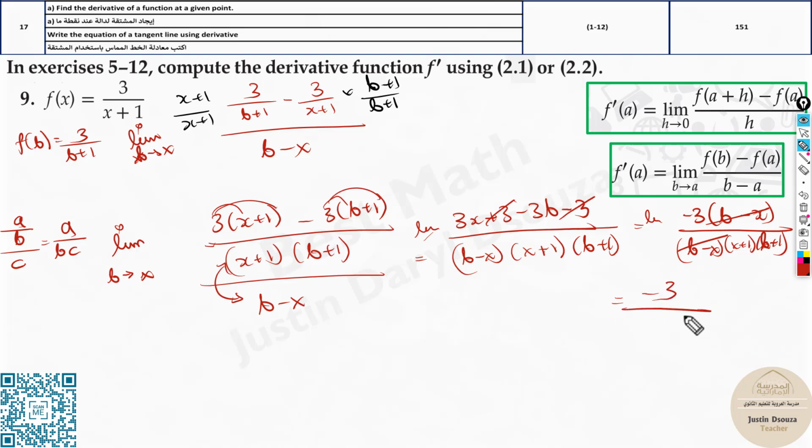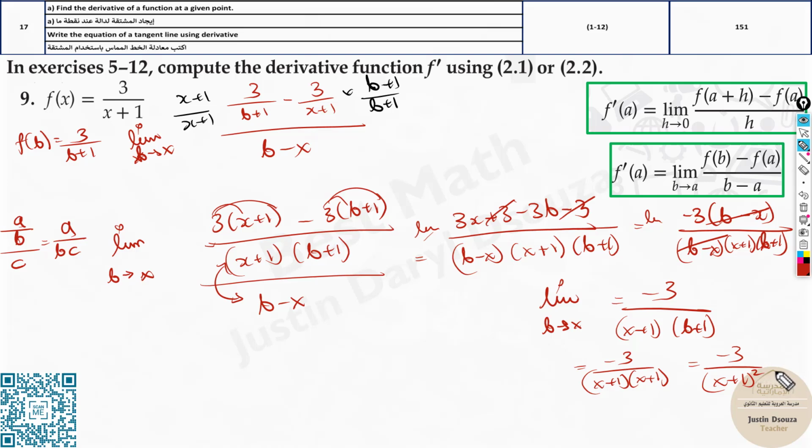You have minus 3 by x plus 1, b plus 1. Now here the limit is what? b tends to x. So let's substitute. It becomes minus 3 divided by x plus 1 as it is, but this b also becomes x, so it will be x plus 1, and it is minus 3 by x plus 1, the whole squared.